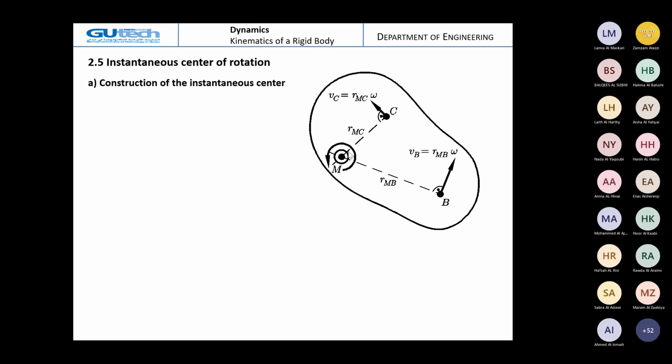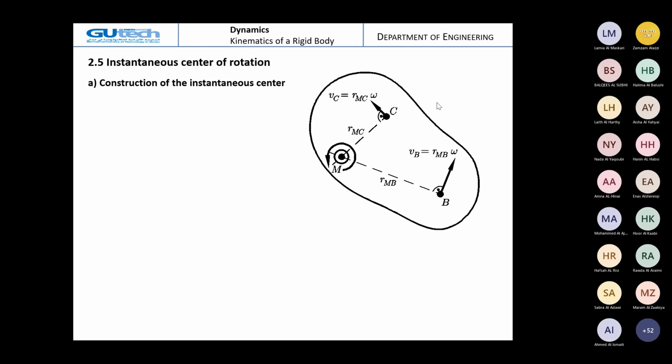Here, we come back to this RMC. Now, we know the line direction of the velocity here, VC. We have the second velocity, VB, and we know the line direction.